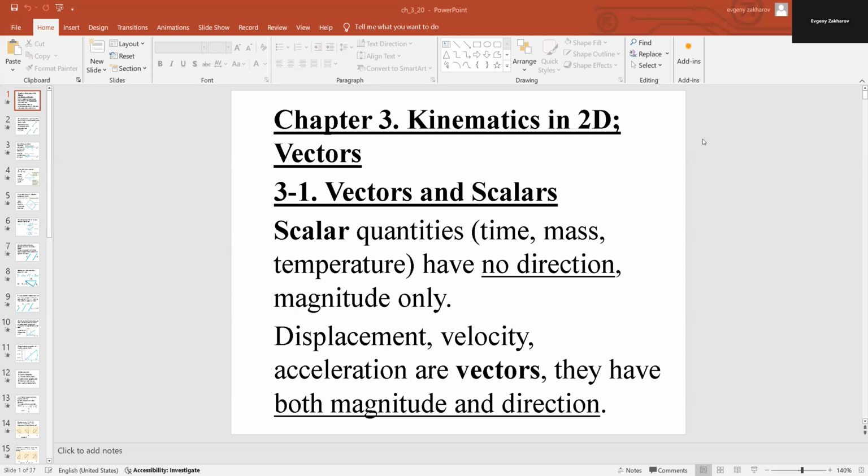So for time, it's just the amount of seconds, and that's it, no direction. And then we have displacement, velocity, acceleration, forces, momentum, torques, plenty of quantities that will involve both magnitude and direction. You have to specify direction. You have to draw a sketch and specify the direction for a certain vector.